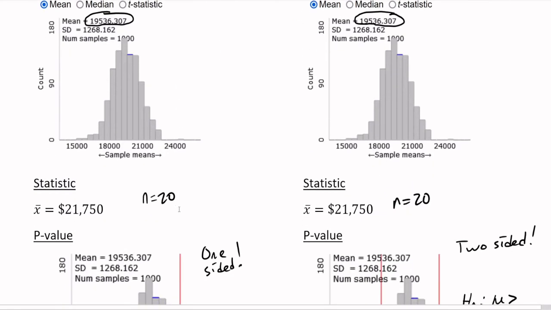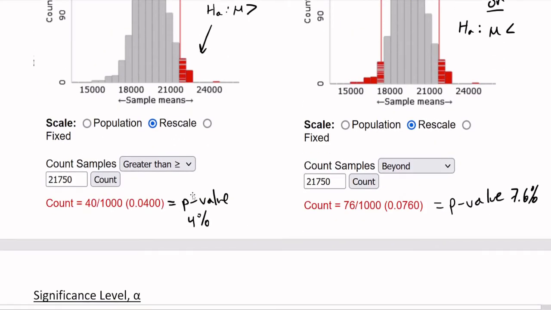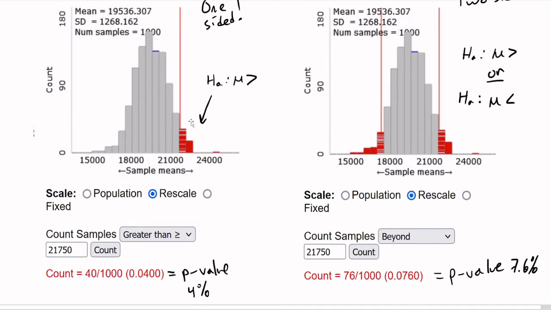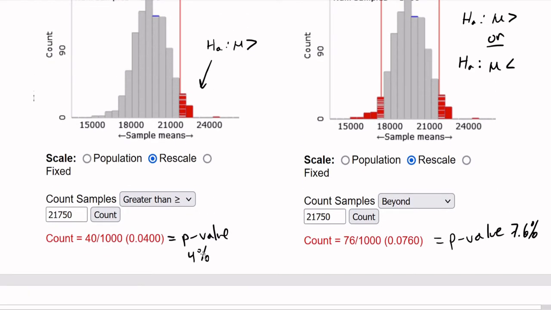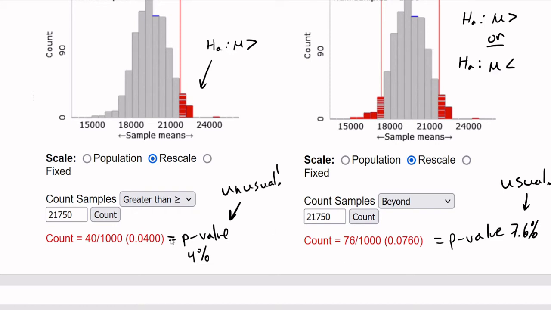And we see that in the p-value. If we go back down to the p-value, in the one-sided test, this same statistic gets me all the way down to a p-value of 4%. That's unusual. But over here, the same statistic, the same distribution, the same setup, this is usual. Remember, 5% is our cutoff.